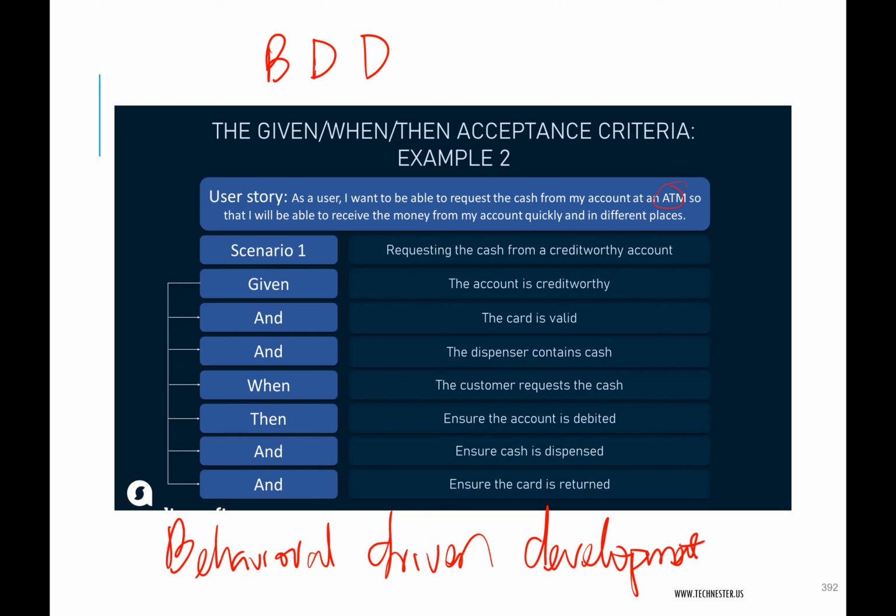So the deleting, right? Yeah, exactly. So you can create that as another scenario. Okay, given that I've added product to my shopping cart, when I click on the shopping cart, I should see the list of the products and I should be able to remove products from my shopping cart. So that may be another scenario.